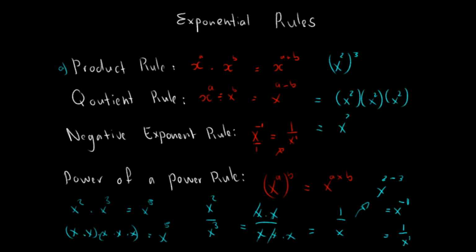Now I can add my exponents together, 2 plus 2 plus 2, which will then give me x raised to the 6th power. And now I can conclude from this information, if I need to find 6, the only way to find it is to say 2 multiplied by 3. And that gives me x raised to the 6th power.